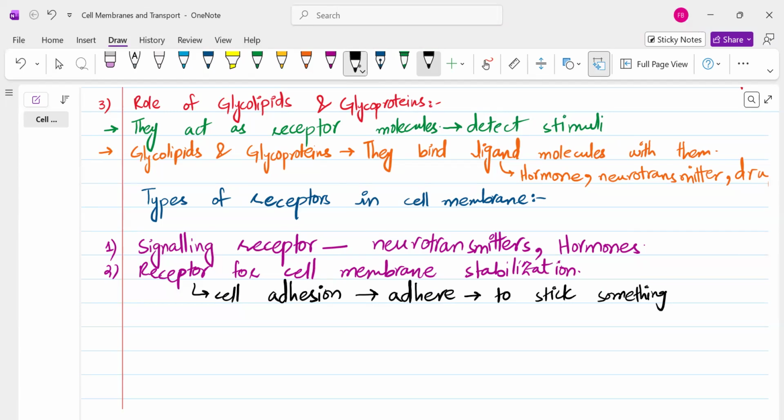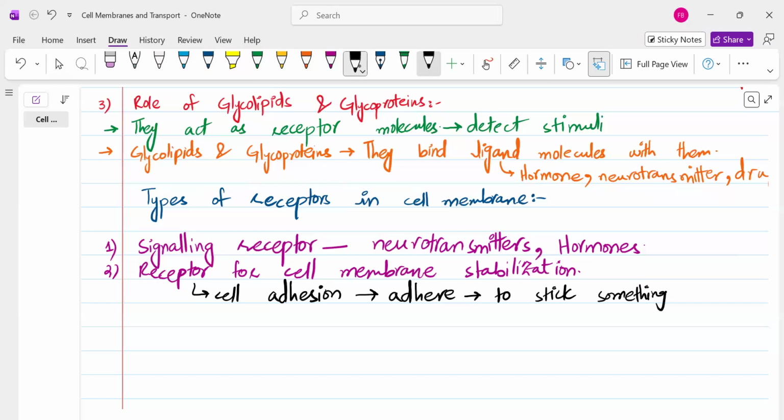These receptors are present in the cell membrane. Within the cell membrane, if specific types of molecules can bind to these receptors, that's why these receptors are known as responsible for cell adhesion, and they help in the stabilization of the cell membrane.